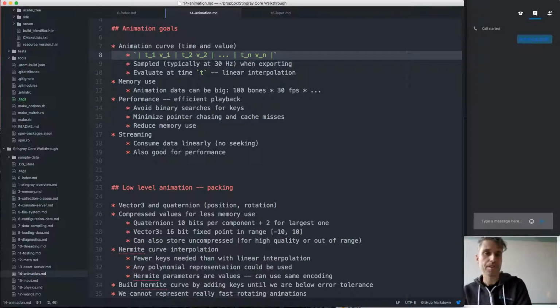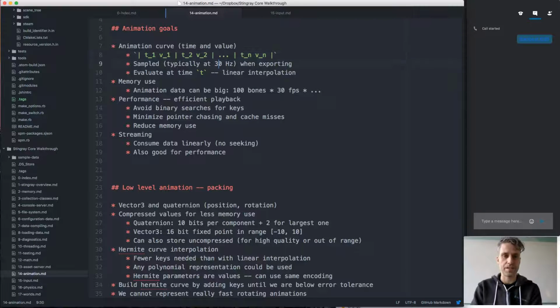go from there. So we assume that we have some sort of sample of the animation curve that looks like this. Typically we sample at 30 hertz, like 30 frames per second when we export, but we could sample at higher frequencies like 60 frames per second or something else if we need that for the animation. But whatever source data we start with in the DCC tool, we end up with exported data that looks something like this.